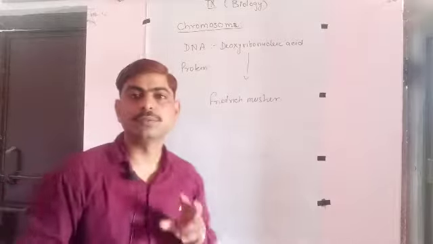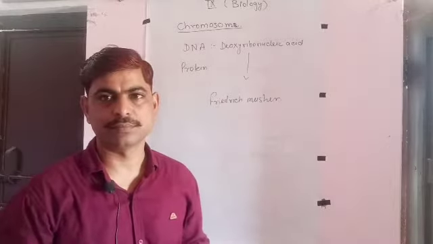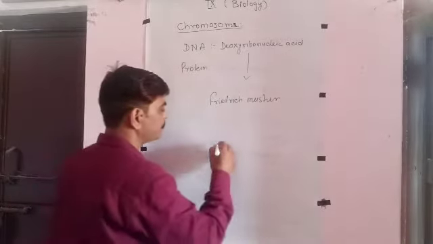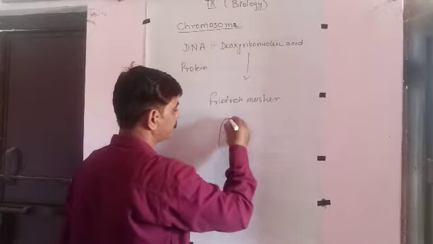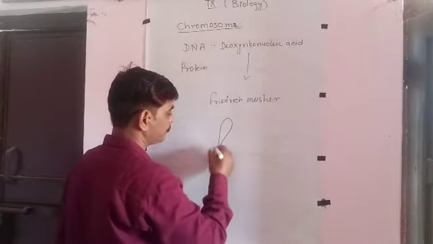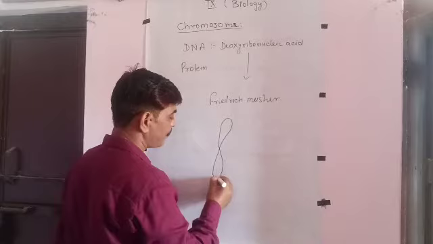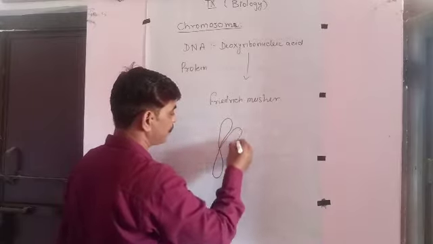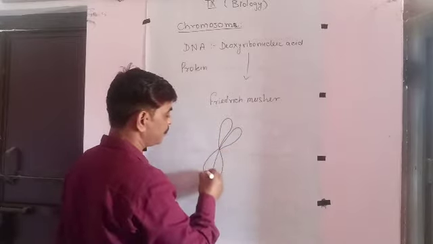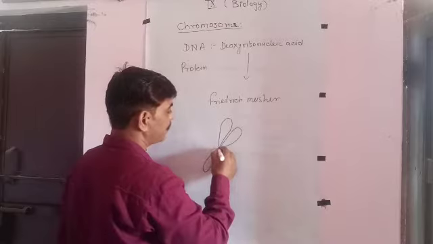Chromosomes have two arms. These arms are called chromatids.